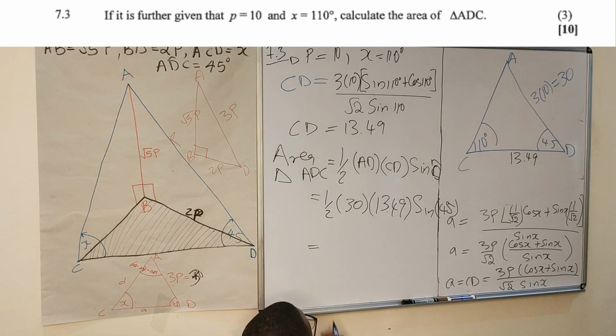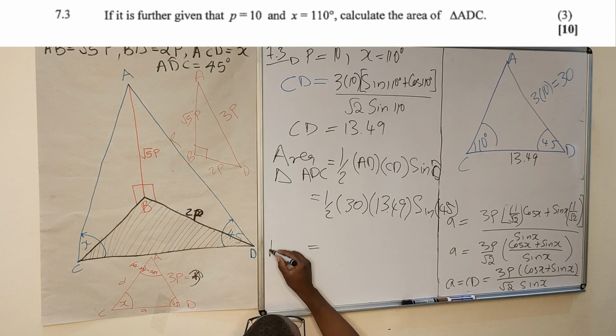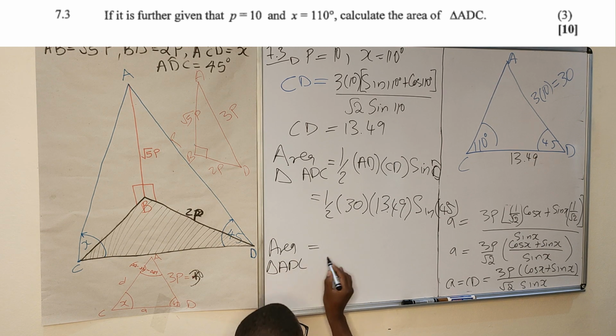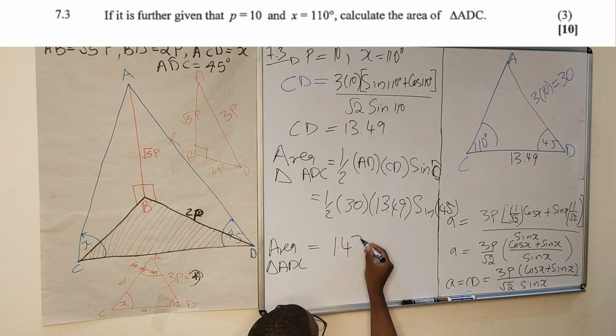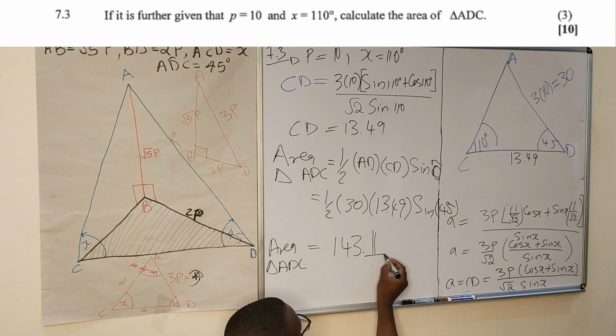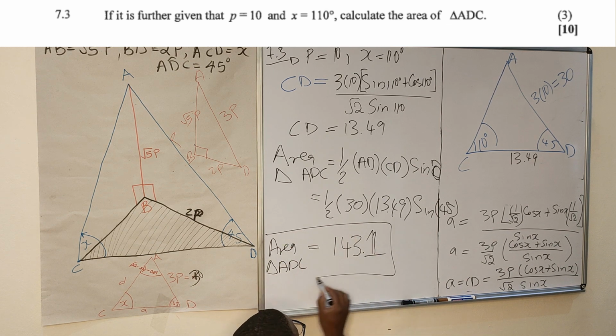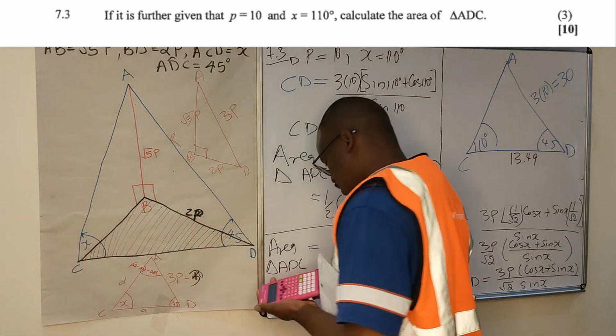So this is equal to half of 30 times answer times sine 45 degrees. This is the area of triangle ADC. It's equal to 143.11. So here's your area. So we're done with trigonometry.